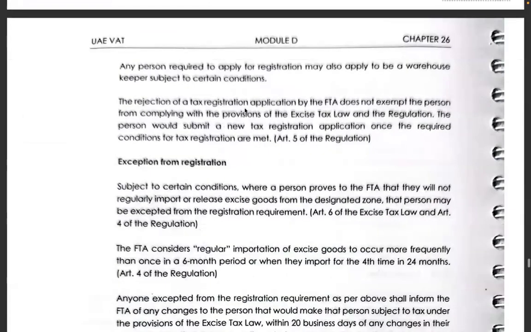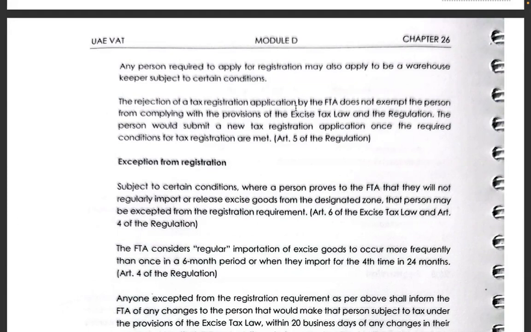The rejection of a tax registration application by FTA does not exempt the person from complying with the provisions of the excise tax law and the regulation. So the person would submit a new tax registration application once the required conditions for tax registration are met. So FTA has a set of questions or conditions that must be complied with.